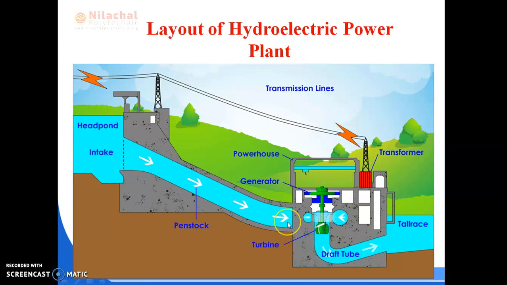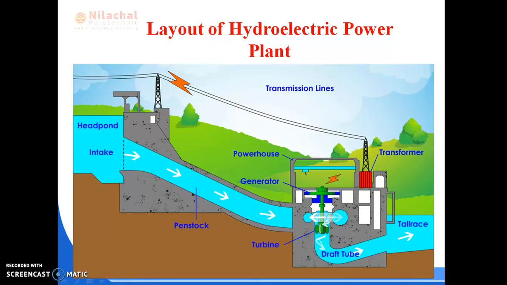At the end of the penstock, we can use a nozzle, or simply the water may be provided to the inlet of the turbine unit. If the nozzle is used at the outlet of the penstock, then we convert the energy of water into kinetic energy. That kinetic energy of water is delivered to the blades of the turbine unit.